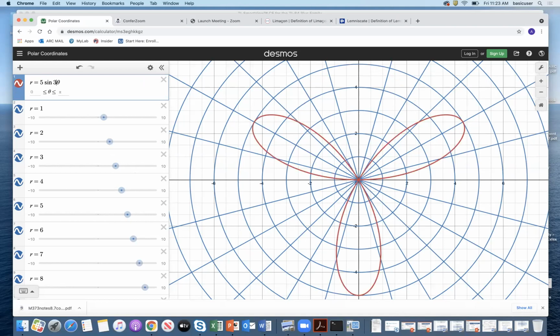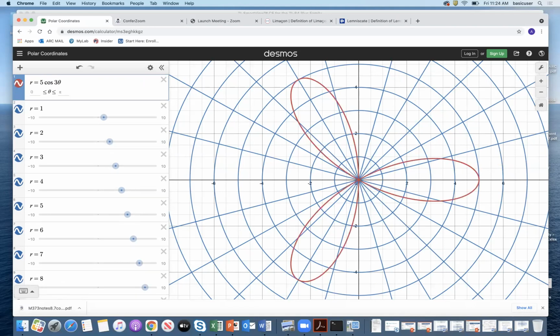And it's cosine. There's the sine one, also 3 petals, but in a different area of the graph. There's 5 cosine theta. So we were on our way to getting that. But now I've got it. When you do these online, there's no graphing tool in my math lab, so it'll be a lot of multiple choice. So check out my completed notes for the completed version. I did draw that one as nice as I could on the handout, but that's what it looks like.